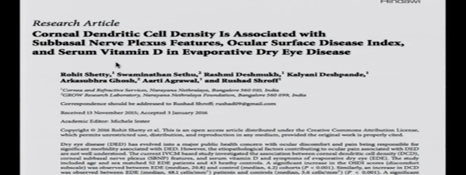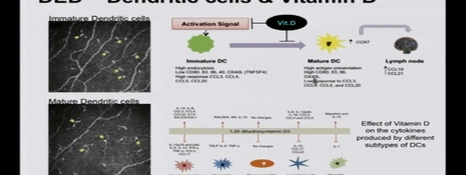If you really look at them, there are different types of dendritic cells with different markers, and it's known in cell biology that each one of them can play a role; there are multiple players here, not just one. But my talk is about vitamin D, so I'm trying to use that as the hero of my whole presentation. You can see that it even plays a role in changing from mature to immature cells and from immature to mature cells.